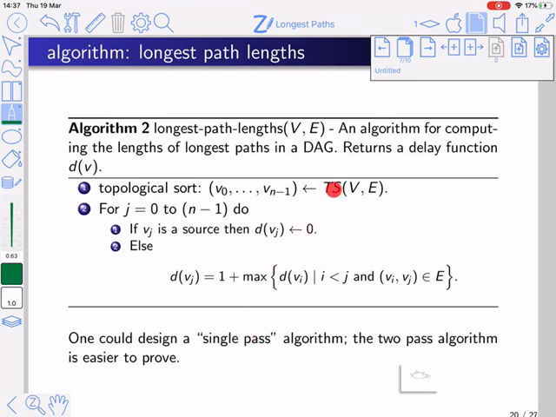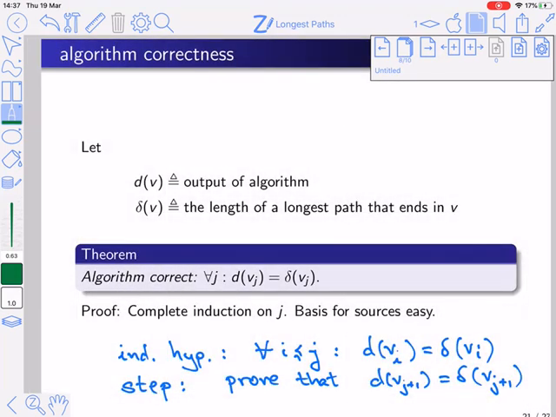So we use topological sorting as a black box with all the properties that come along with it in order to prove that the assignment of delays to vertices in this for loop indeed computes the delay function of the vertices. Let's see how we do that.